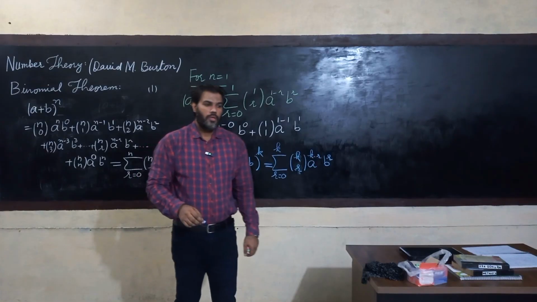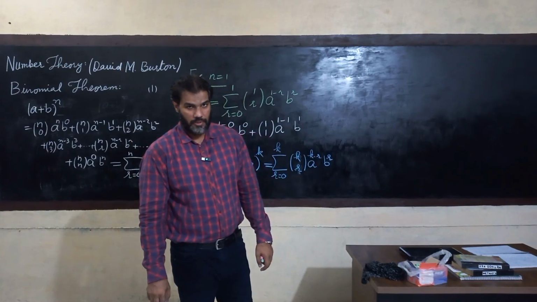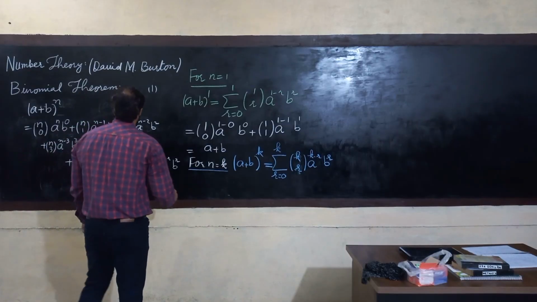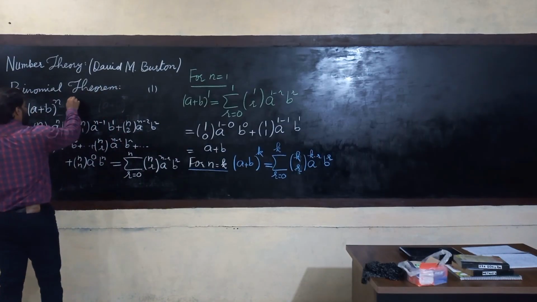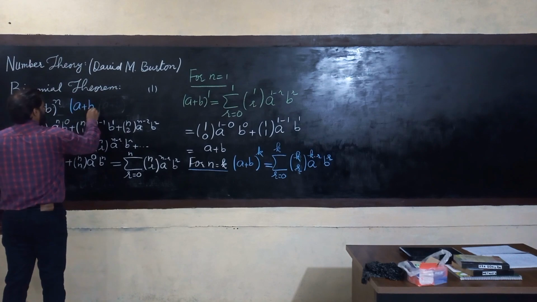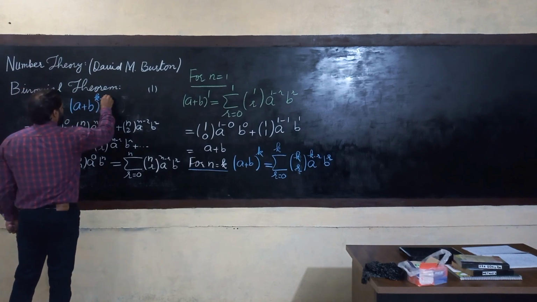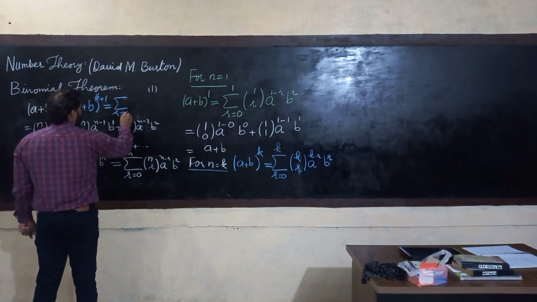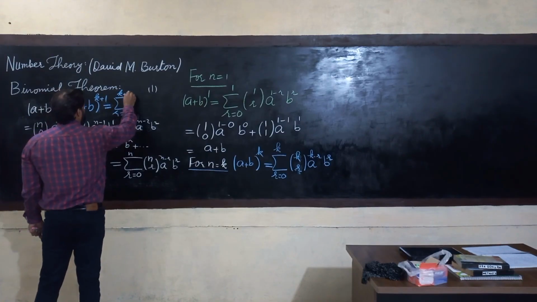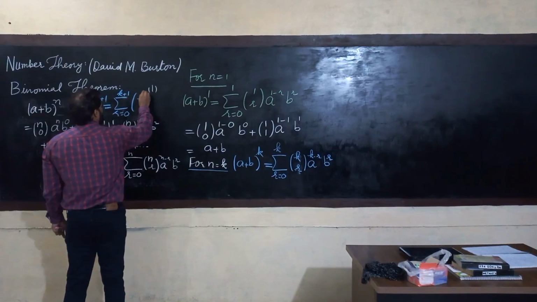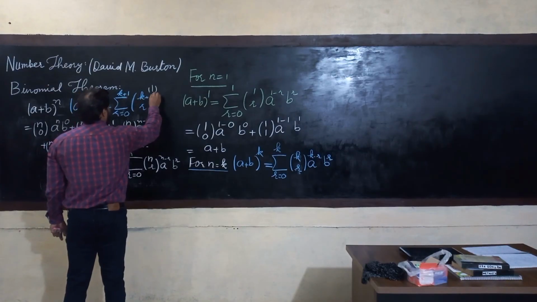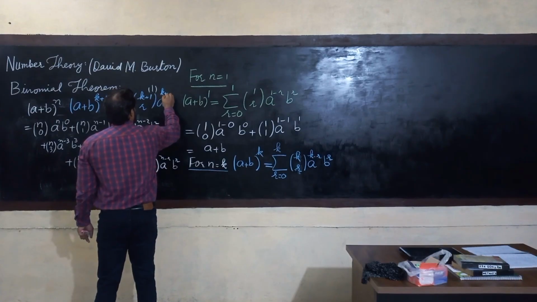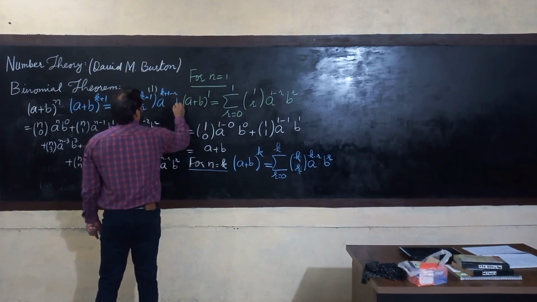Next we show the statement is also true for n is equal to k plus 1. For n is equal to k plus 1, we have to show this statement: a plus b whole power k plus 1 equal to summation r is equal to 0 to k plus 1, k plus 1 choose r, a raised to power k plus 1 minus r b raised to power r.